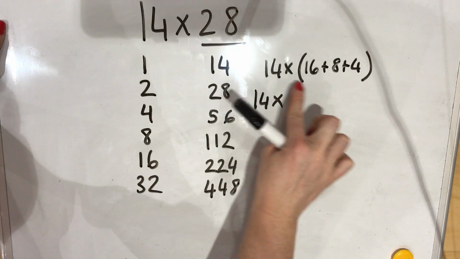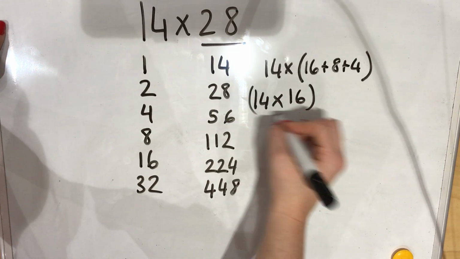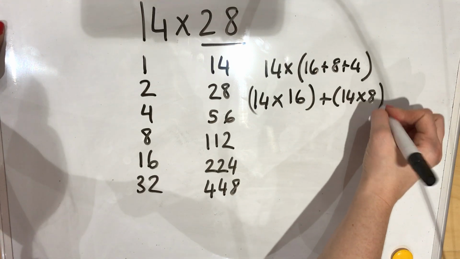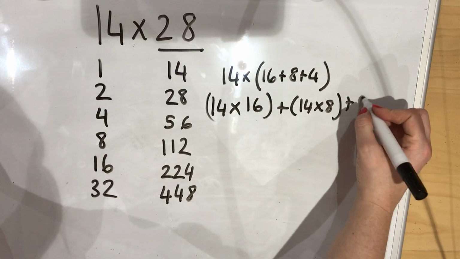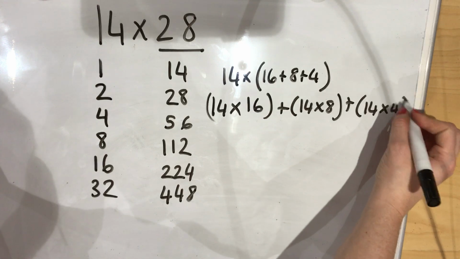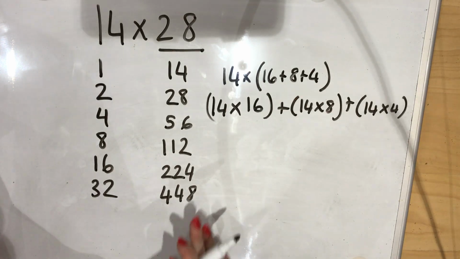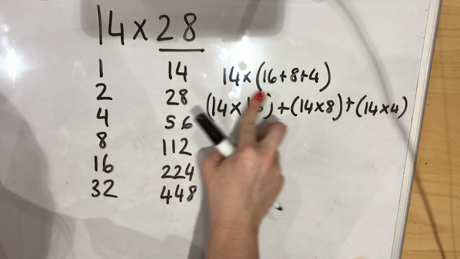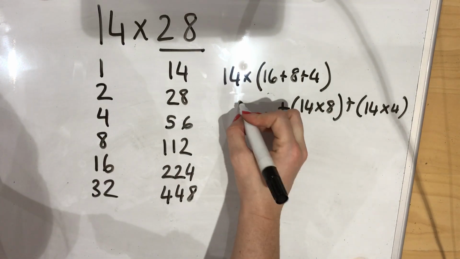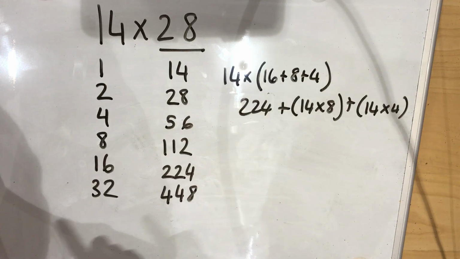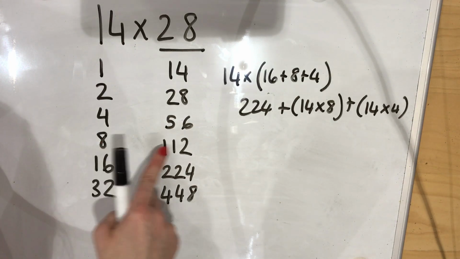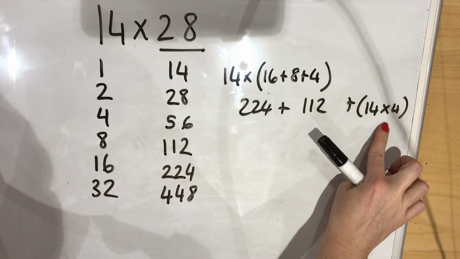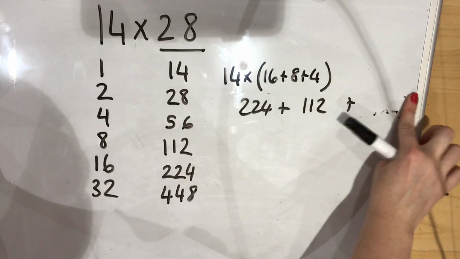So 14 multiplied by 16 plus 14 multiplied by 8 plus 14 multiplied by 4. 14 multiplied by 16 is going to be 224 plus 14 multiplied by 8 is 112. 14 multiplied by 4 is 56.